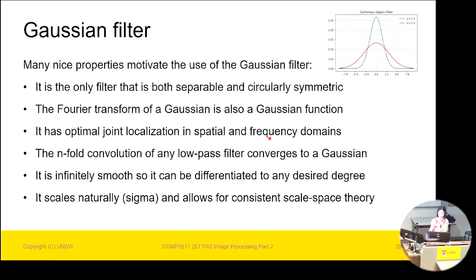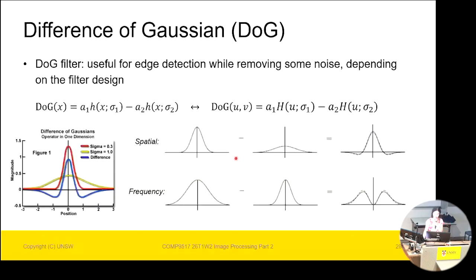If we want joint localization, meaning narrow Gaussian filters in both the spatial and frequency domain, that's just not possible. There's always a trade-off, because if you have a really wide Gaussian, then you will have a narrower Gaussian in the frequency domain, and the reverse is true. Like this one is wider and this one is narrower.